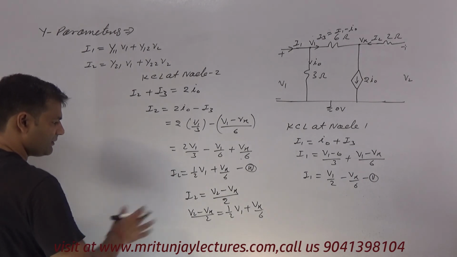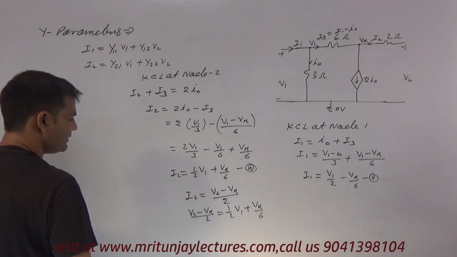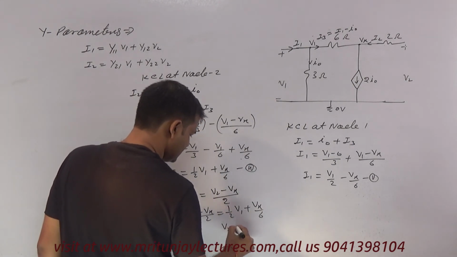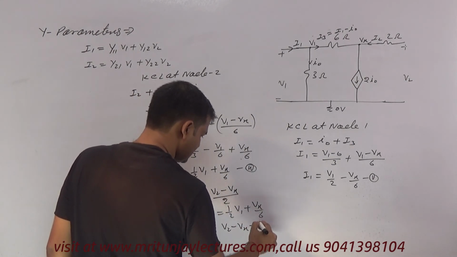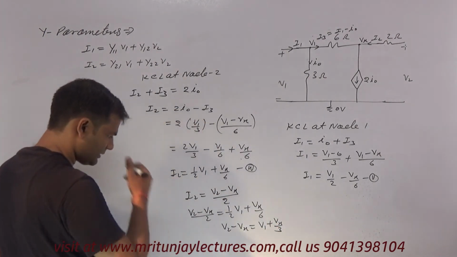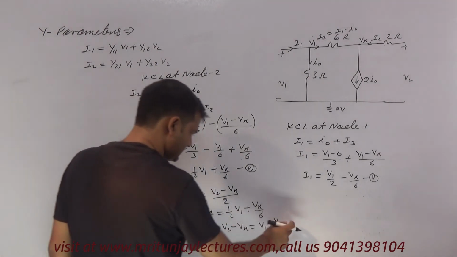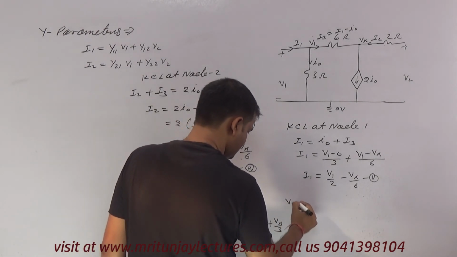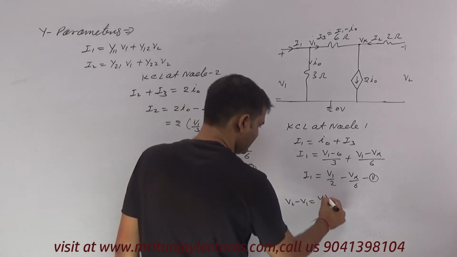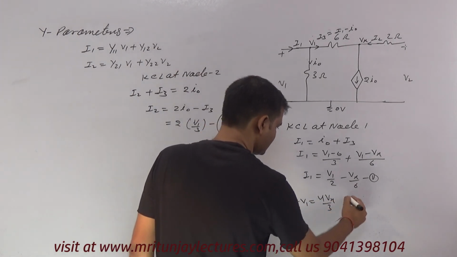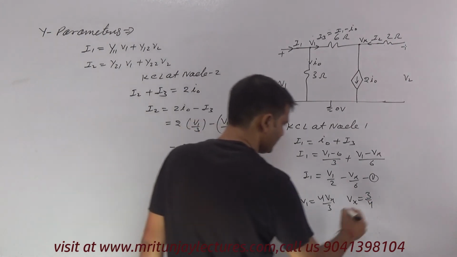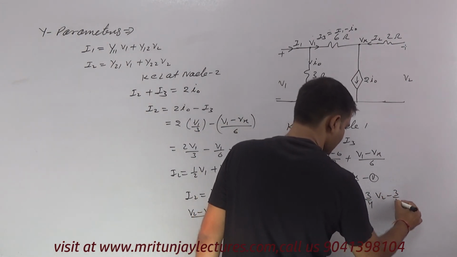If multiplied by 2 on both sides, then V2 minus Vx equals V1 plus Vx by 3. So V2 minus V1 equals 4 Vx by 3. So Vx will be equal to 3 by 4 V2 minus 3 by 4 V1.